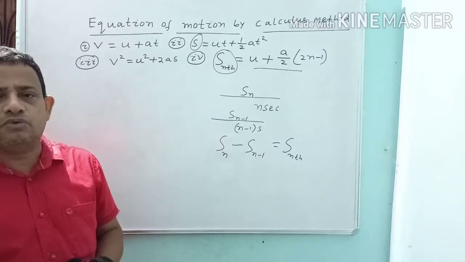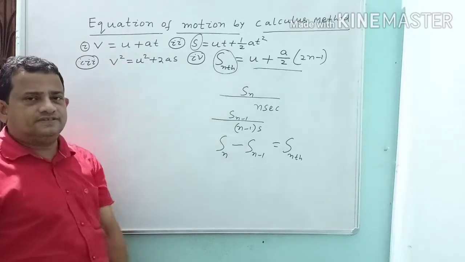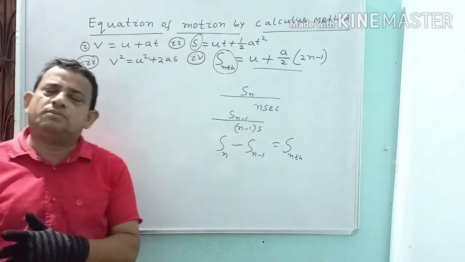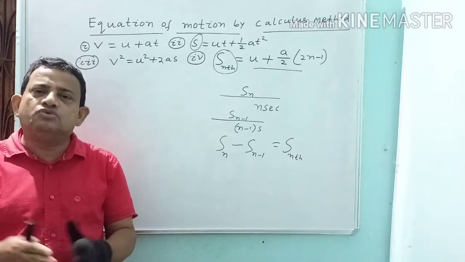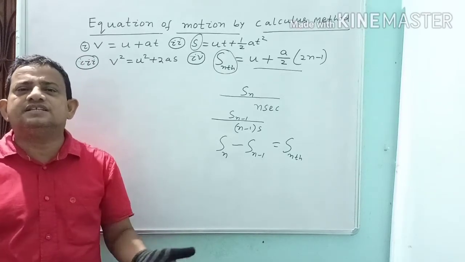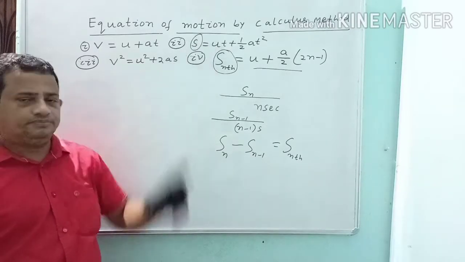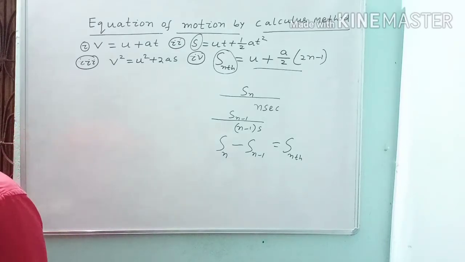In that type of question, you apply this S nth is equal to this. But when the question is like this, an object covers 20 meters in 5 seconds, in 2 seconds, in 3 seconds, in that type of question, you apply this one. So based on the question, you can apply these equations.